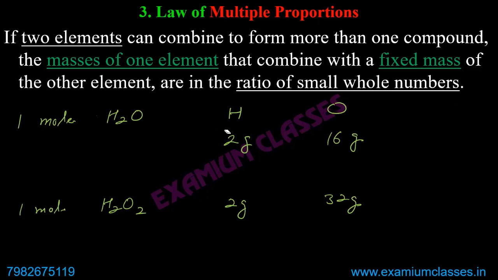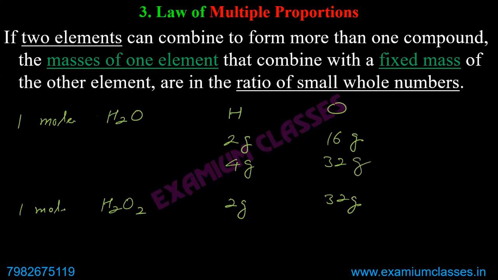You don't want to fix the mass of hydrogen. You want to fix the mass of oxygen. In that case, you will have to multiply this by 2. In water, 2 grams hydrogen combines with 16 gram of oxygen. It means 4 gram will combine with 32 gram of oxygen.